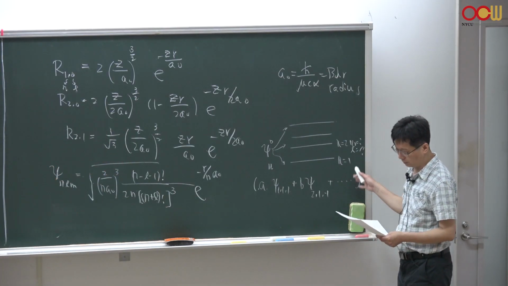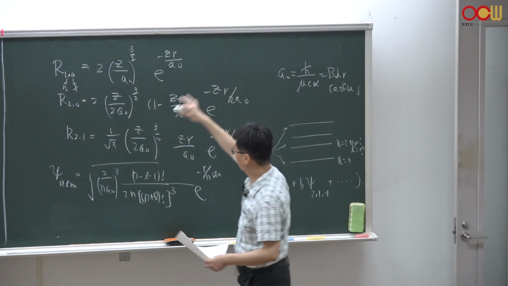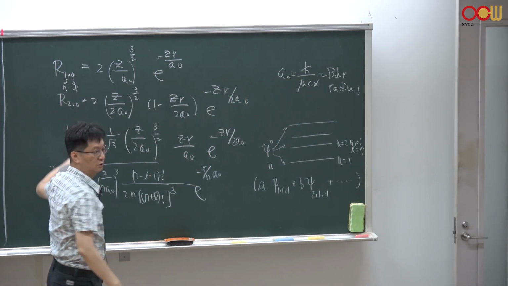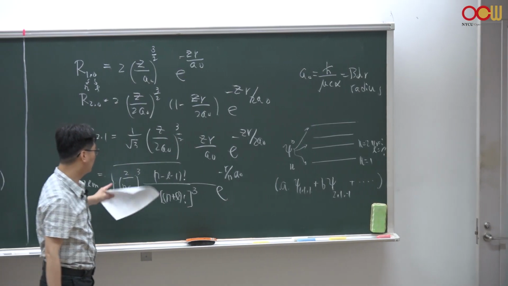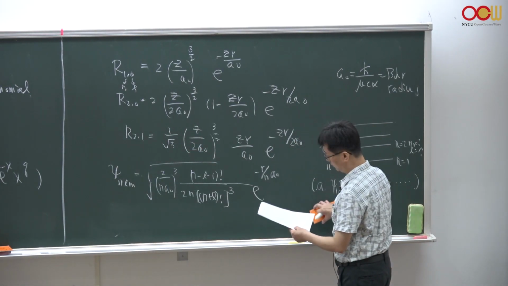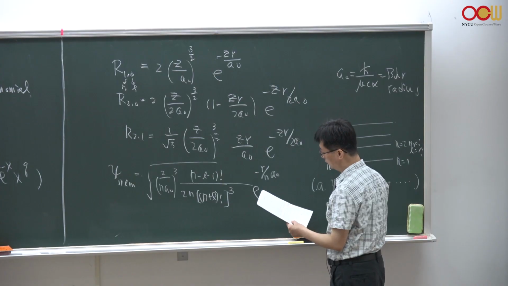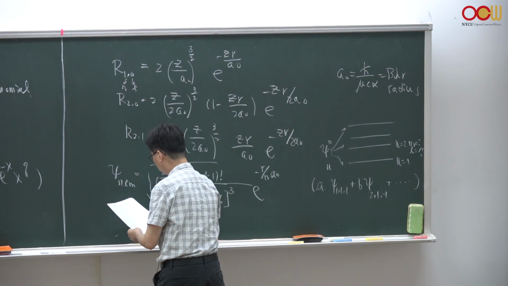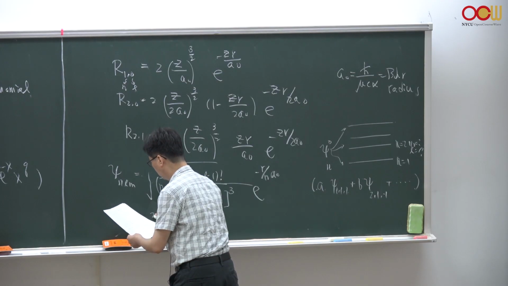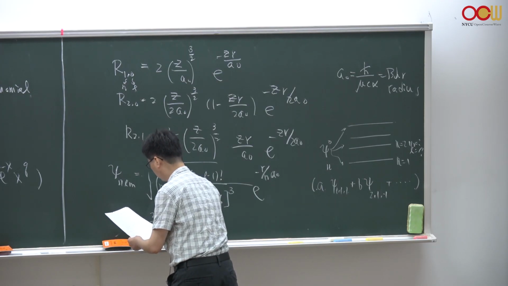The point is not to memorize all this complicated radial part of the eigenfunctions, but for the sake of completeness, let me write down the solutions, the eigenfunctions of the hydrogen atom, which can be found in your textbooks.